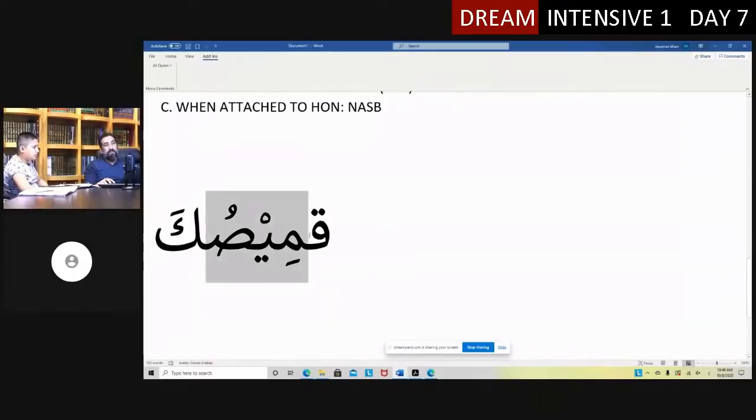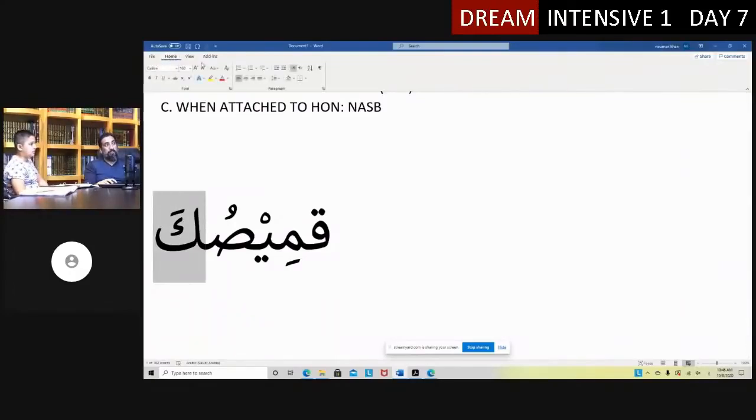The word qamis means shirt, and it's an ism. Shirt is a thing, and ism is a thing. So qamis is an ism, and it's light, and it doesn't have al. When a word is light and it doesn't have al, you have a right to accuse it of being possibly a mudaf. But the only way to prove that is to look at the next word and be able to prove that that next word is definitely jar.